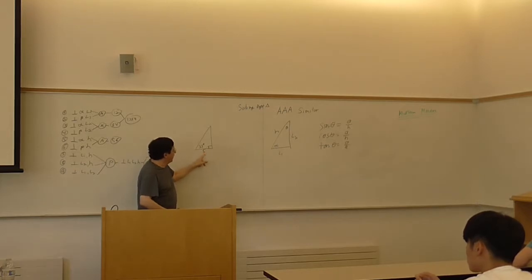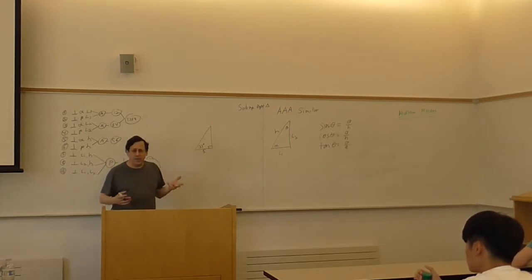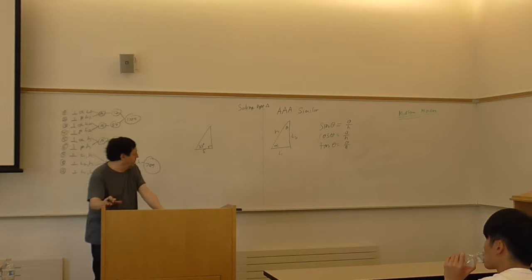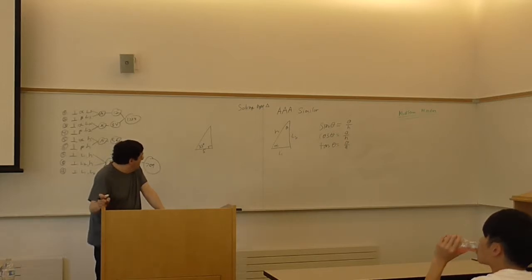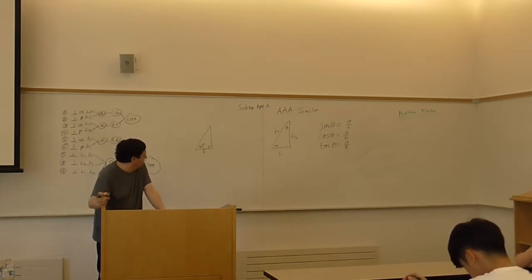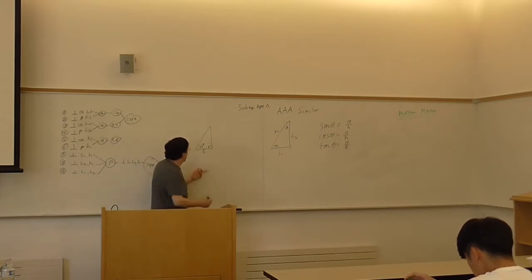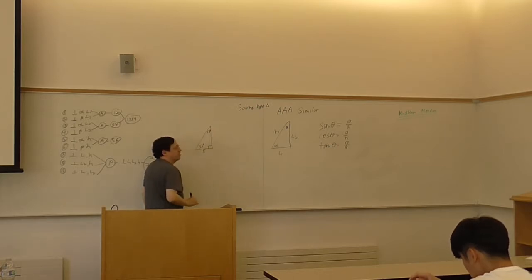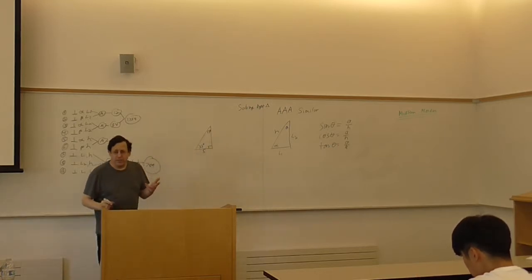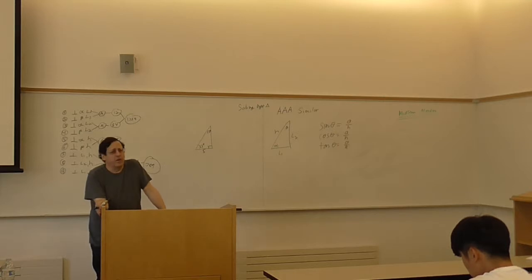I have 2 angles and an included side. I know that's sufficient, especially with a right triangle. What do I need to do to find one of the other components? Well, okay, let's fill this in. We know that this is 57 degrees, right? We have 3 angles. How can I find one of the other sides?